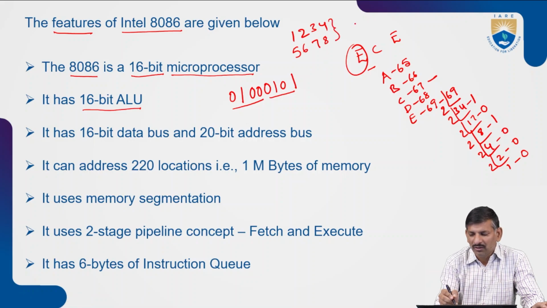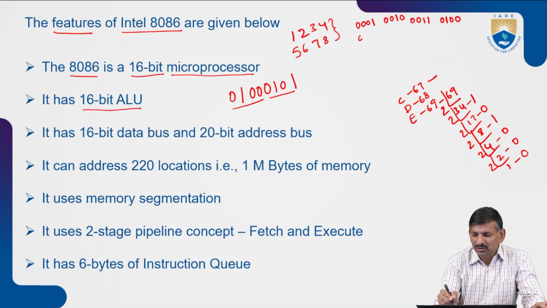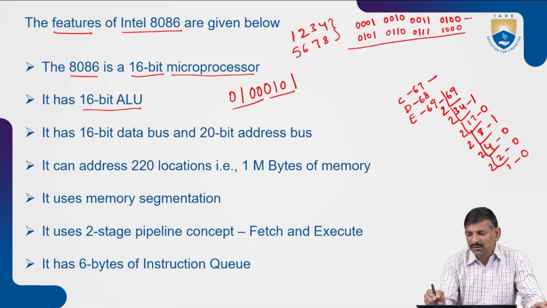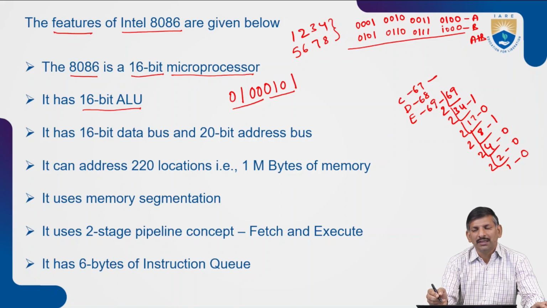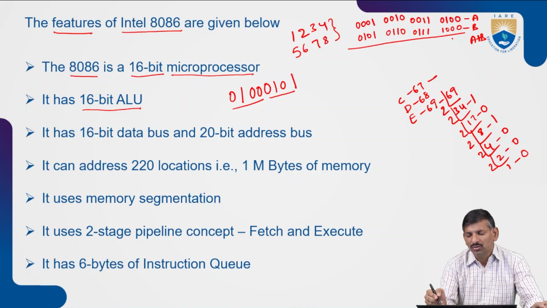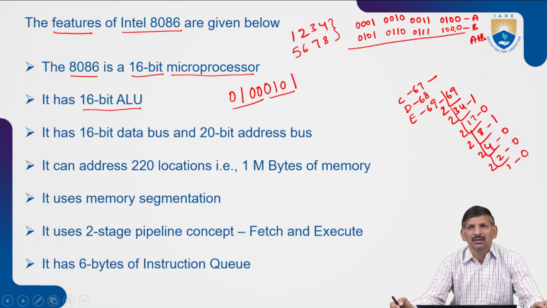The corresponding binary numbers are 1 means 0001, 2 means 0010, 3 means 0011, 4 means 0100, 5 means 0101, 6 means 0110. This is A, this is B, the sum of A plus B. In a single clock cycle, it will add these two 16-bit numbers.